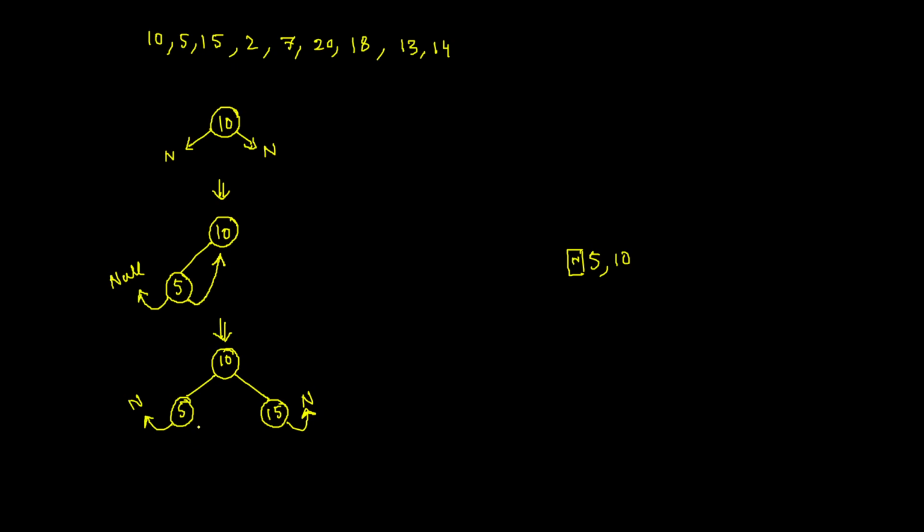The right child of this one will point to 10, and the left of 15 will point to this 10, because now the inorder traversal is 5, 10, 15.